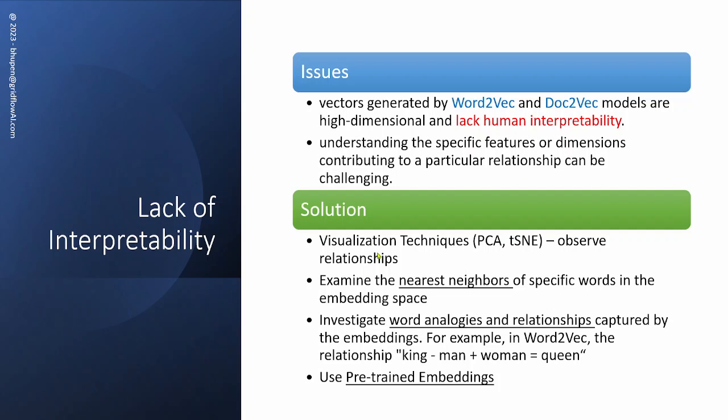So some of the solutions that we can actually use to address this problem: try doing visualization of the embeddings using dimensionality reduction techniques like PCA or t-SNE and observe the relationship among the tokens or chosen tokens. Examine the nearest neighbors of a specific token.